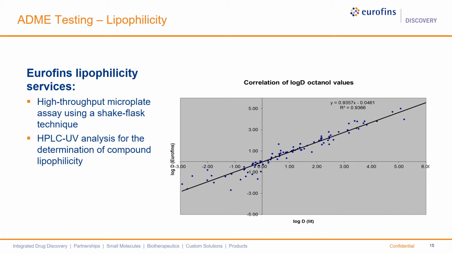So again, this uses a microplate format with a shake flask technique, ensuring good opportunity for the drug to partition into either the octanol or the aqueous phase. Measuring the amount of drug in each of those phases then allows calculation of the log-D values. So in doing that, HPLC-UV analysis is one of the ways in which the compound's lipophilicity is determined.